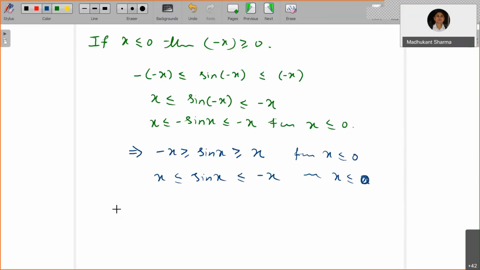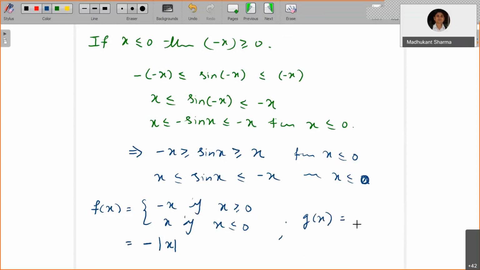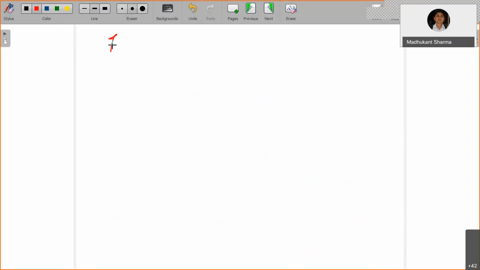Now I identify f of x as minus mod x, g of x as mod x, and h of x as sine x. Then from the above two inequalities, what you establish is that f of x is less than or equal to h of x, which is less than or equal to g of x.